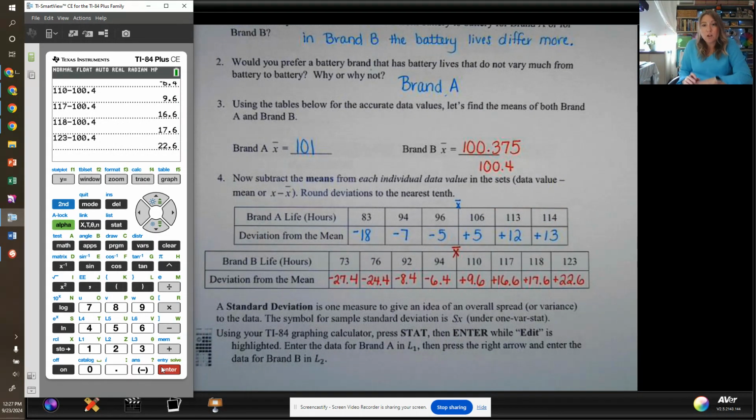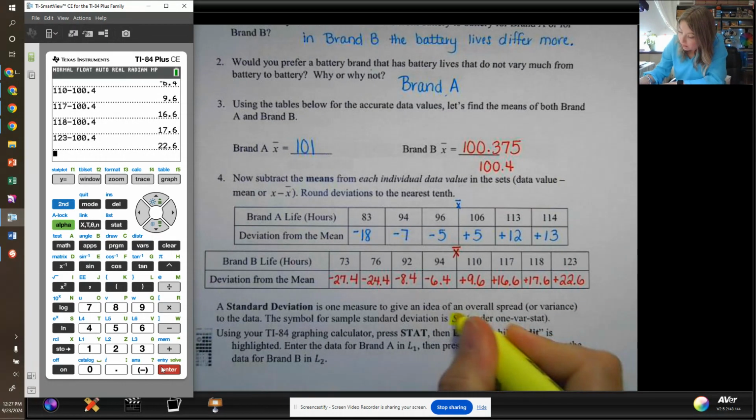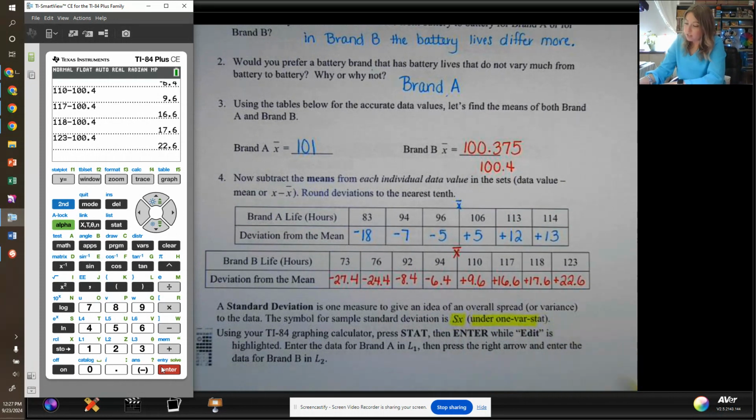Okay? So notice I'm showing you in this part down here how to get the standard deviation value from your graphing calculator. Spoiler alert, you've already been seeing it, we just haven't pointed it out yet. Because when you do one var stats, the Sx is our standard deviation. What happens?